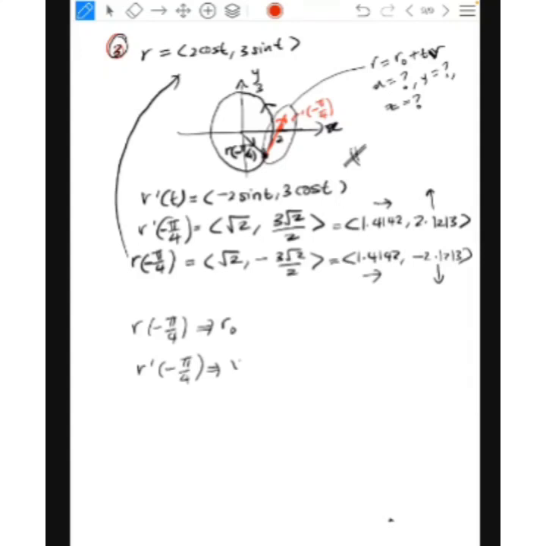Okay. So what is your R0 just now? It is 2.